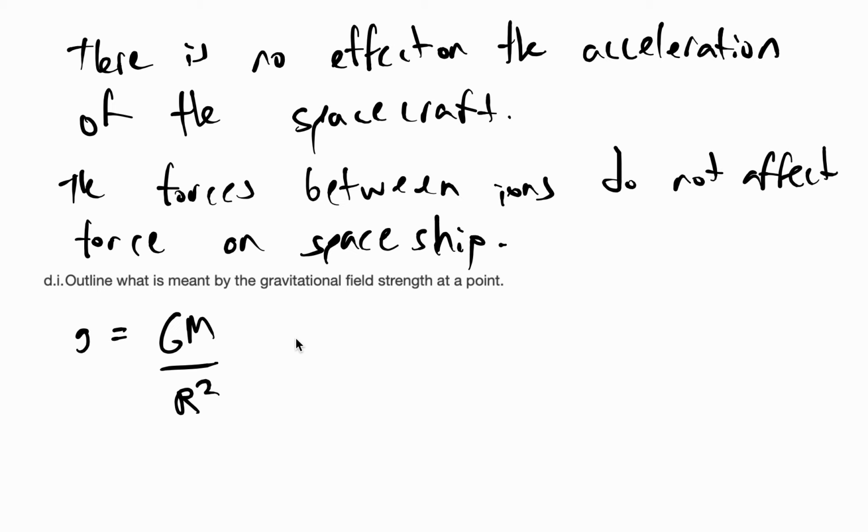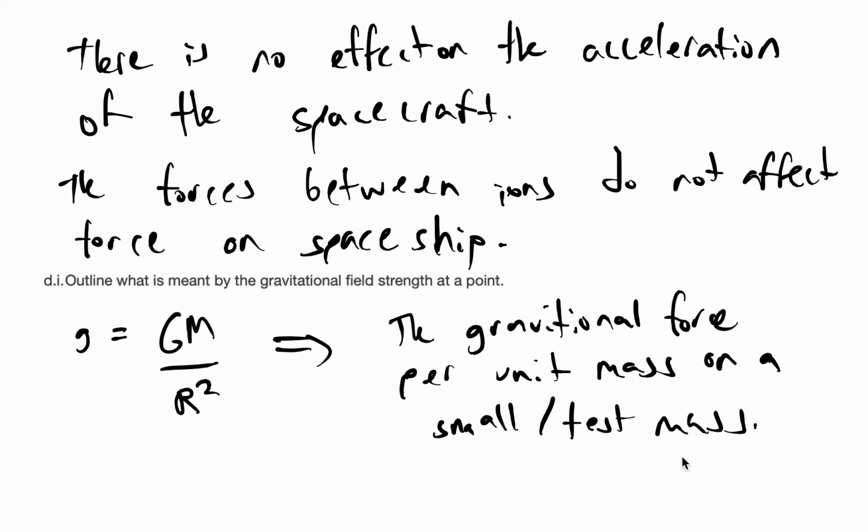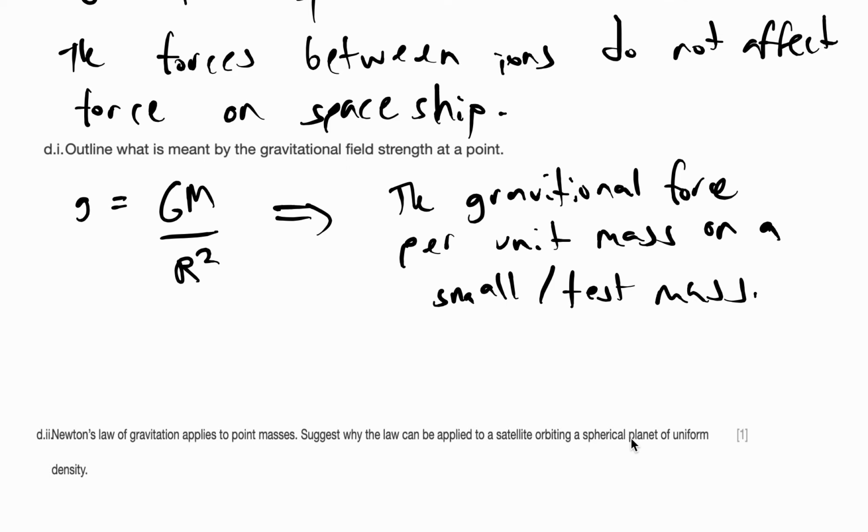So all we have to say is that it is the gravitational force per unit mass on a small test mass, and that is the exact definition for gravitational field strength.